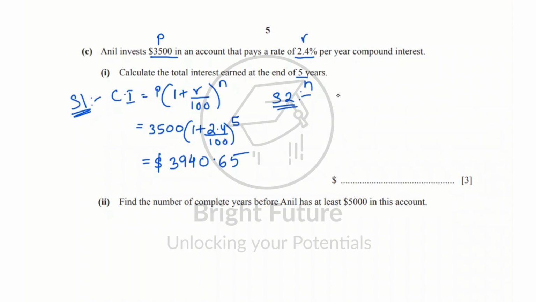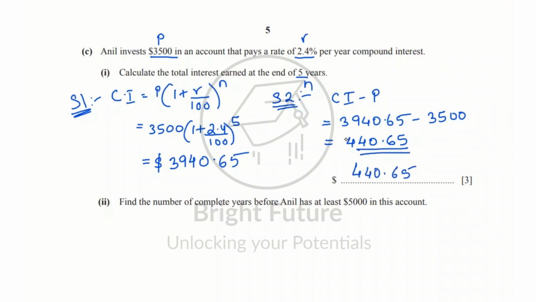So total interest is the compound amount minus the principal, which is 3940.65 minus 3500, which gives $440.65.